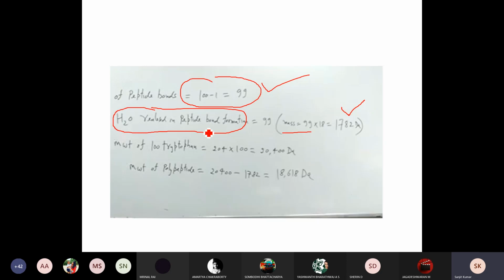The student said 20,400 Dalton, which is correct in this way, but a little bit incomplete, though her effort is very good. She at least tried to solve the question. The molecular weight of 100 tryptophan is 204 multiplied by 100, equal to 20400 Dalton. Is it correct? Are you understanding all three parts?